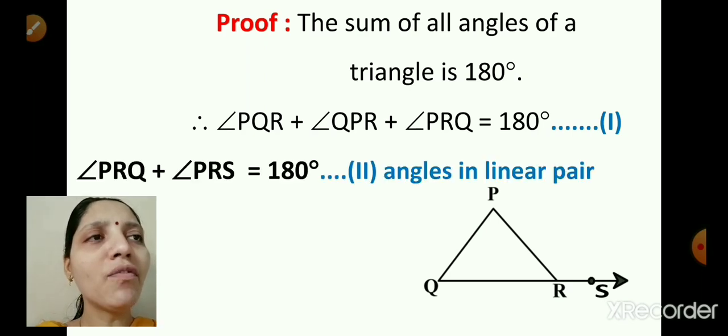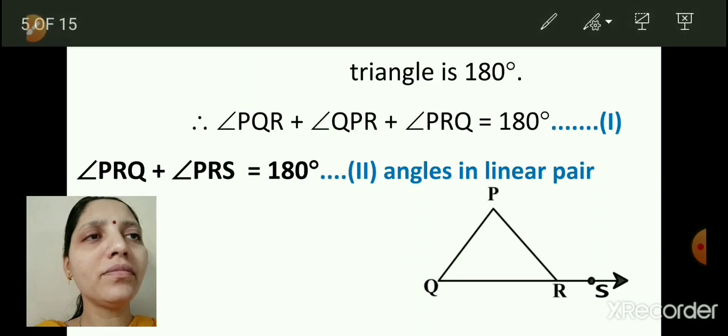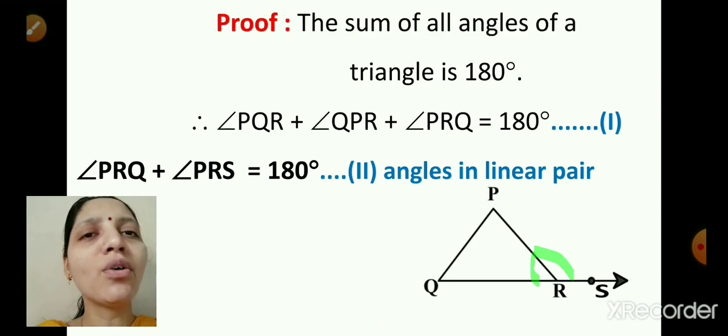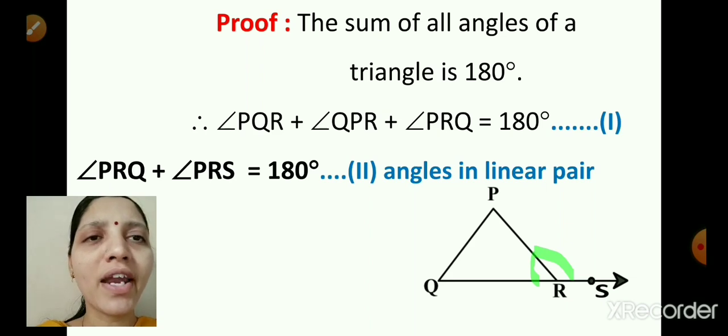But if you observe here, angle PRQ and angle PRS, these two angles are in a linear pair, so their addition must be 180 degrees. So we can write here angle PRQ plus angle PRS is equal to 180 degrees. Write this as equation 2, and the reason you will write here is angles in linear pair.